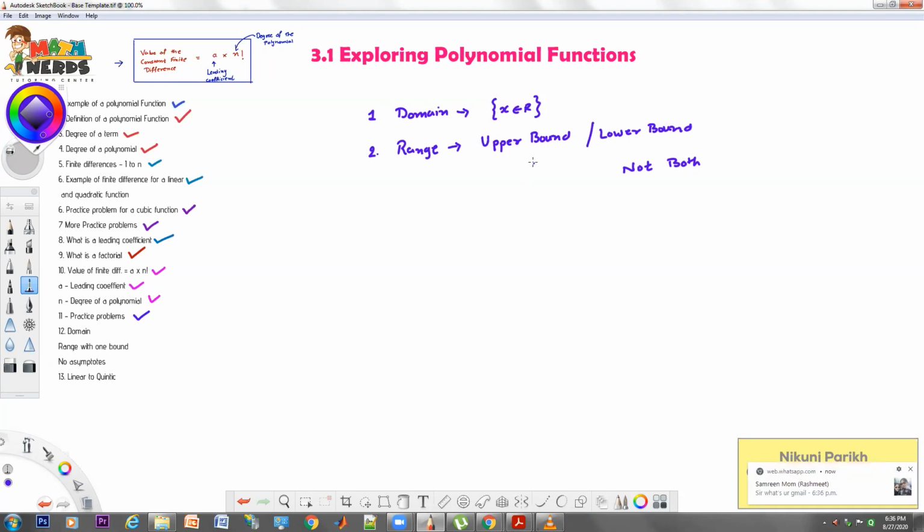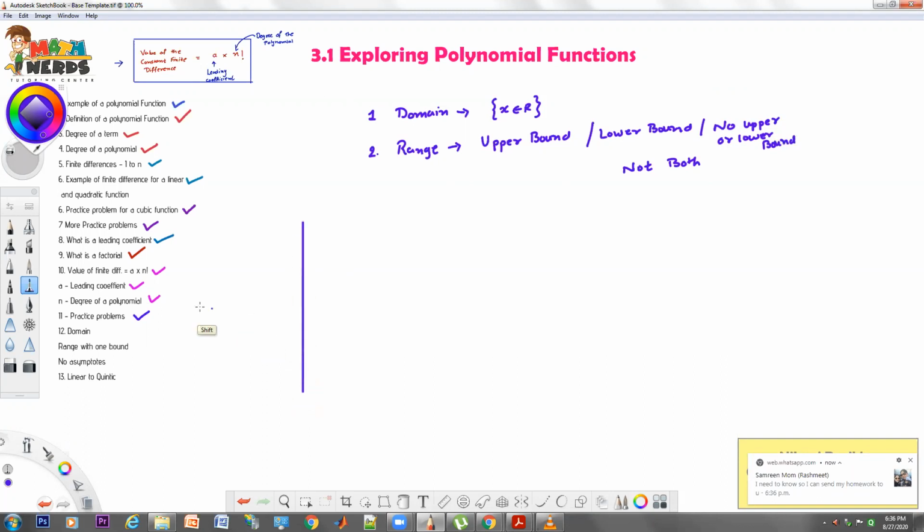Now, I also want to highlight here that it may not have any upper or lower bounds. Okay, so that is the third possibility, no upper or lower bound. That is also possible.